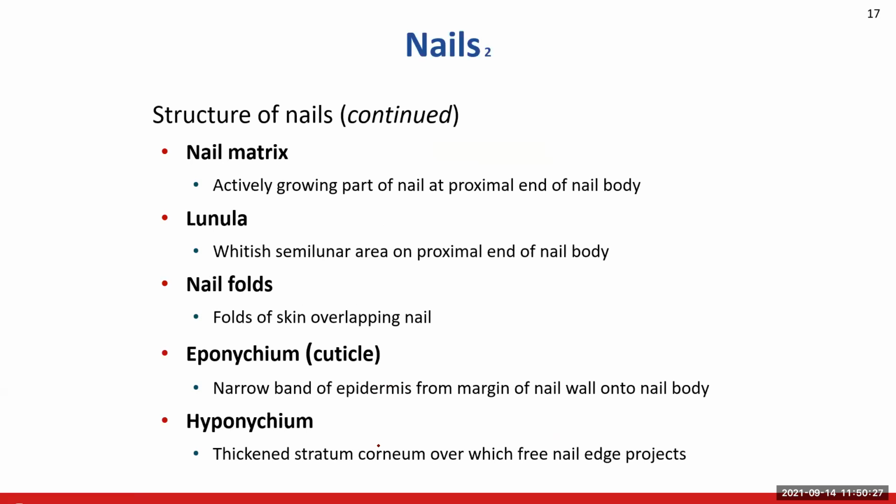The hair matrix is the actively growing region of cells that's going to push the hair towards the surface of your skin. Well, the nail matrix, same thing. This is the actively growing portion of the nail, and it's going to have the cells that are dividing and reproducing. And so it'll push the nail towards the tip of your finger there.